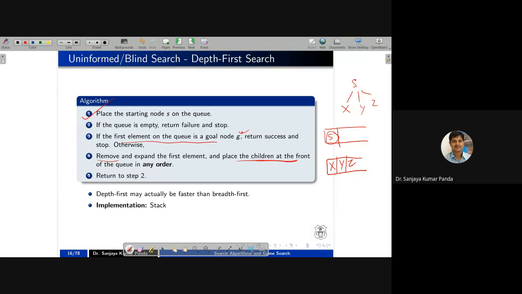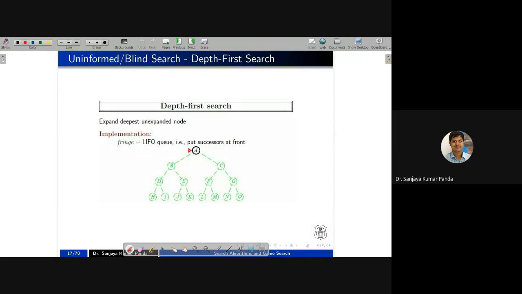Let us see one example. Here a tree is given to you. Instead of taking a first in first out queue, here we have considered a LIFO queue, that is, a last in first out queue.